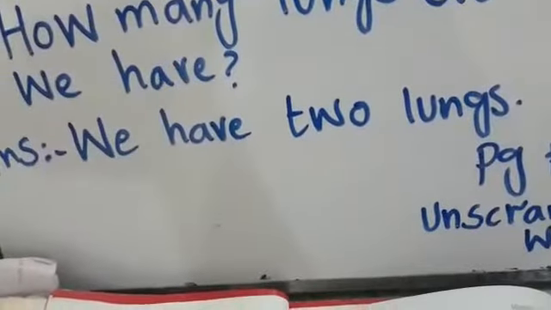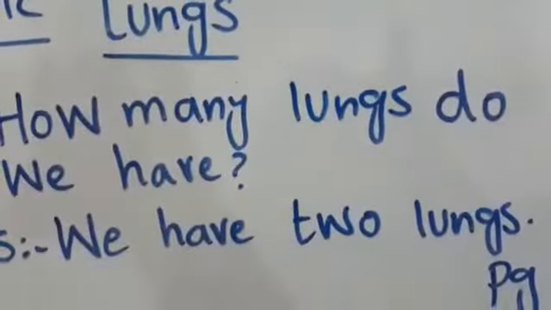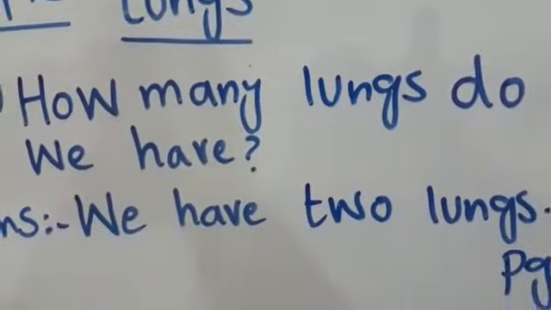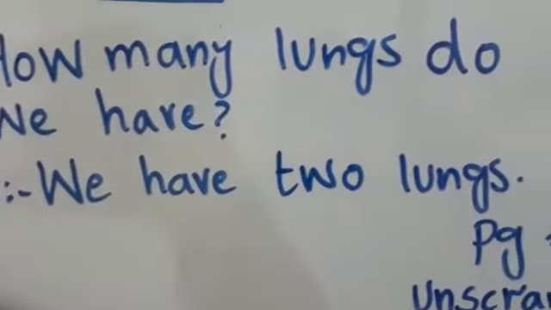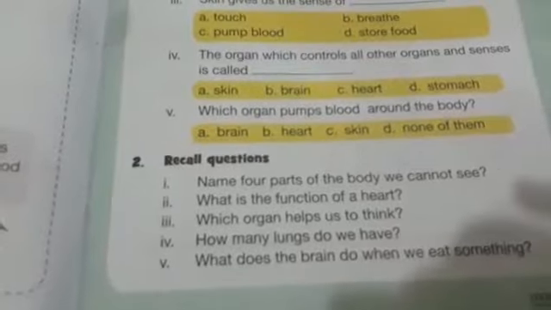Clear? This is about the lungs. And the question, how many lungs do we have? Write down in your notebooks. We have 2 lungs. So all the questions related to this chapter are done.